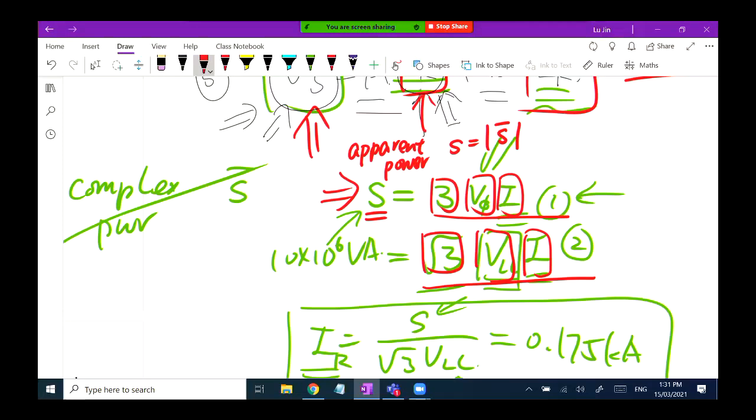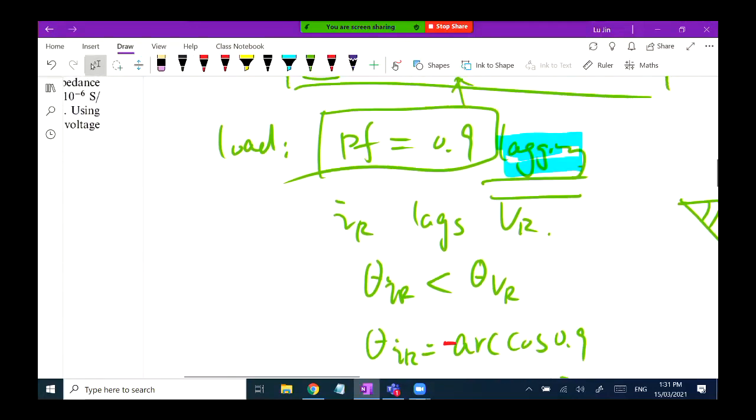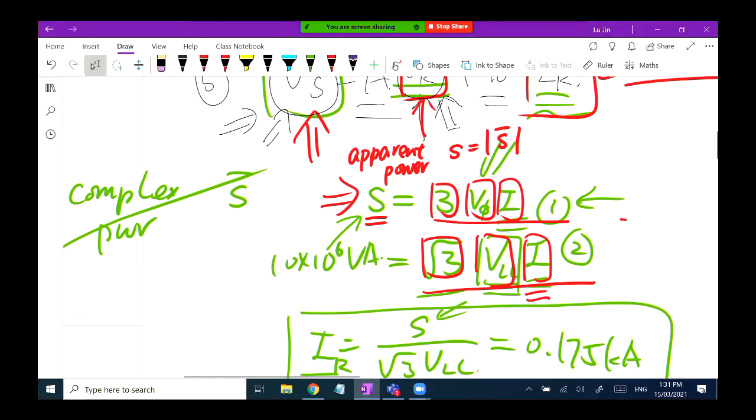Make sense? So after you use this way to calculate the current I, this I is a single value. But as I mentioned, the I must be a vector in the ABCD model. So we must solve for the angle of this current I. That's why we have to go through this calculation to determine the angle of the current I. You can't ignore the angle. In this power calculation, the angle information was not included.